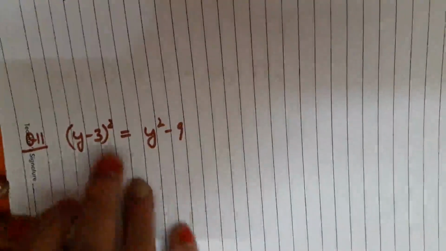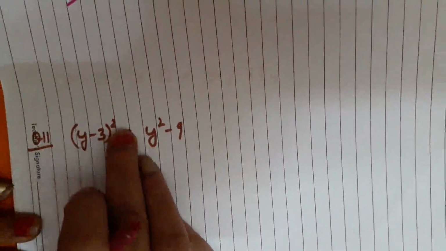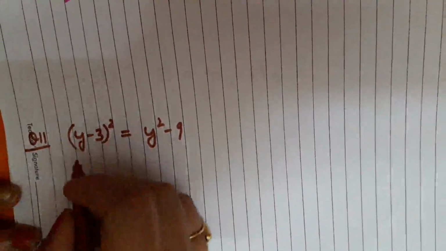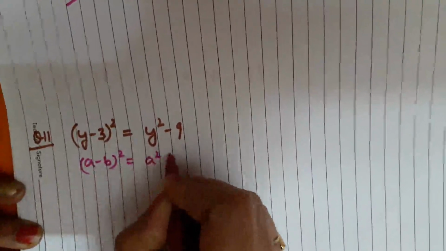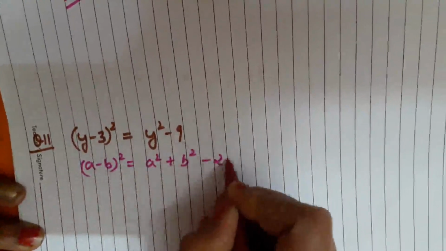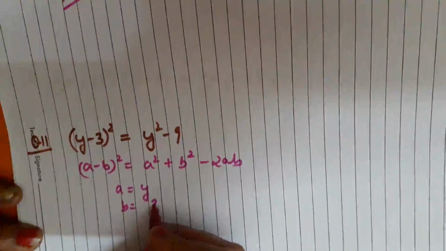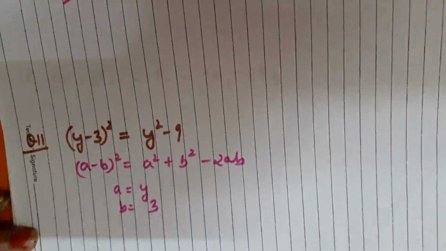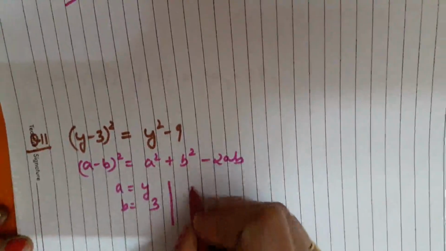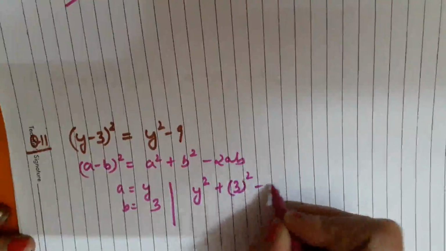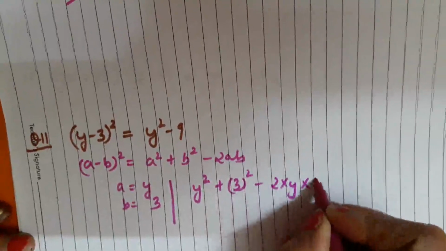So y minus 3 whole square. y minus 3 whole square means a minus b whole square. So a minus b whole square gives you a square plus b square minus 2ab. So a is y here and b is 3 here. So put this value inside this formula. You are getting y square plus 3 square minus 2 into y into 3.